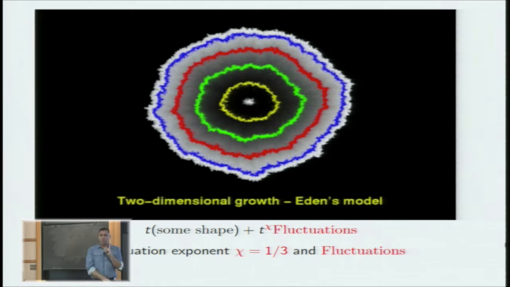So that's the 1+1 dimensions. You're always supposed to see χ equals 1/3, and the fluctuations are supposed to be universal. So you're supposed to see at the boundary, these fluctuations here are about t^(1/3), where t is this radius. And the fluctuation process on this boundary is supposed to be a universal object. Okay? Is t the radius or the number of steps? The radius.